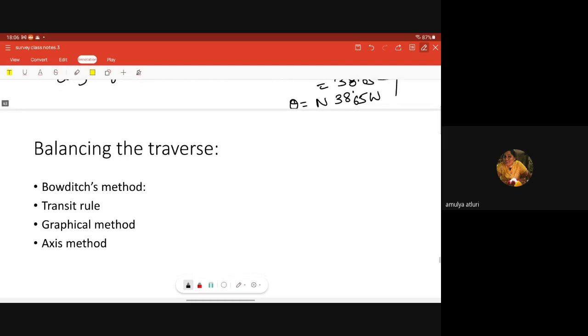In this there are four methods: Bowditch's method, transit rule, graphical method, and axis method. Okay. So what is Bowditch's method?